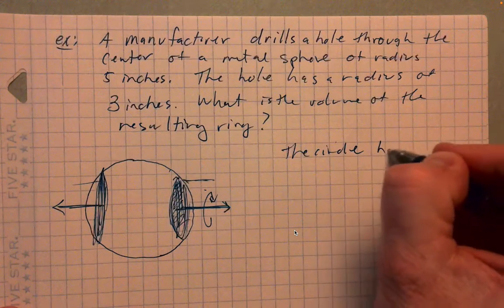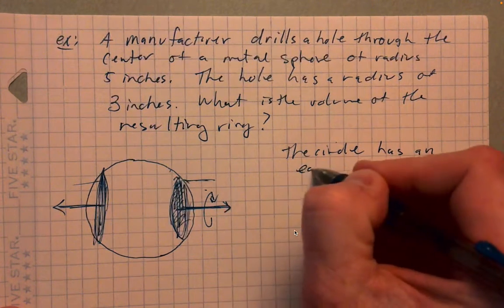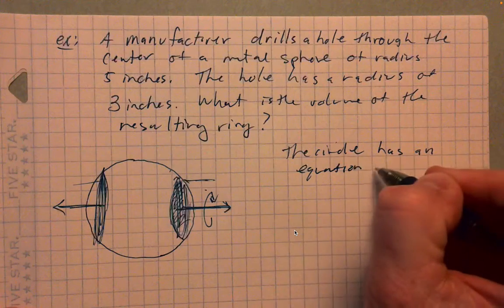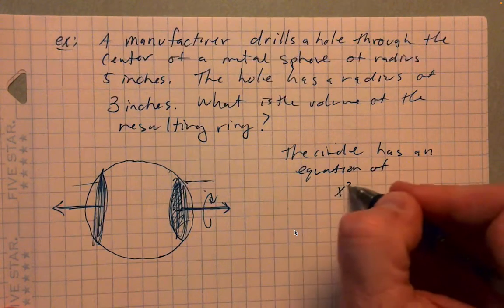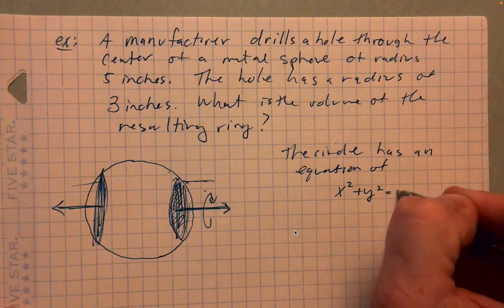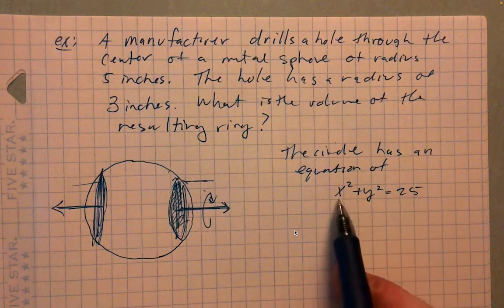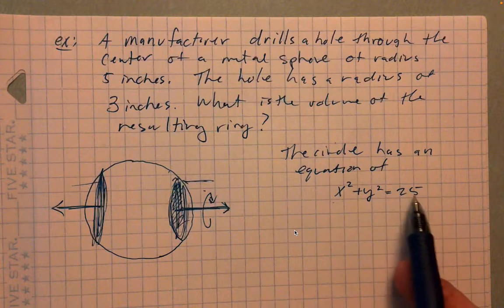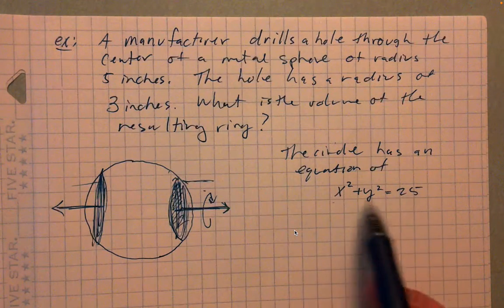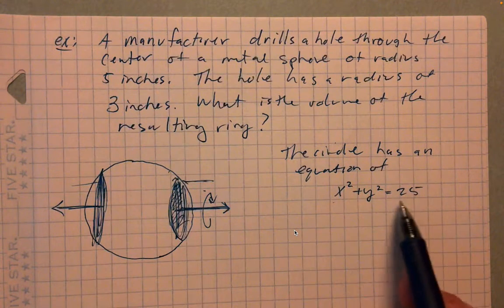So the circle has an equation of x squared plus y squared equals 25. Now, how do I know that? Well, this is just going to be a circle centered at the origin with a radius of 5, and so this equation pops out of those parameters for the circle, right?